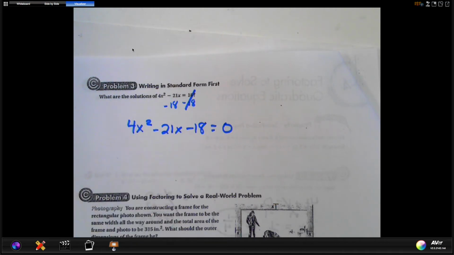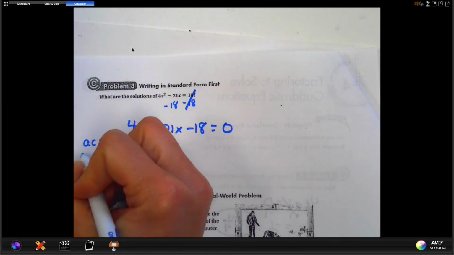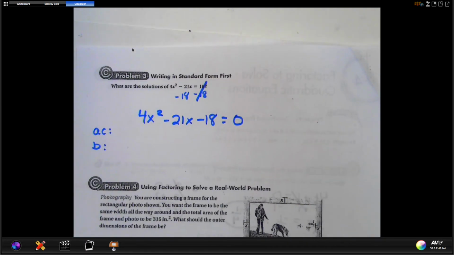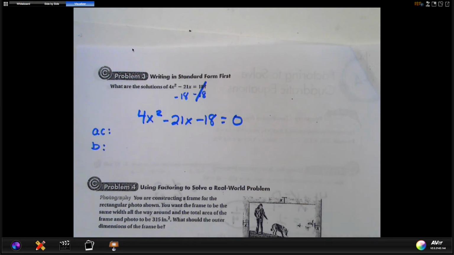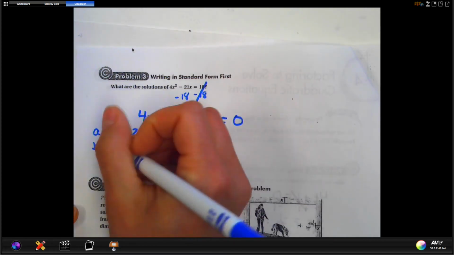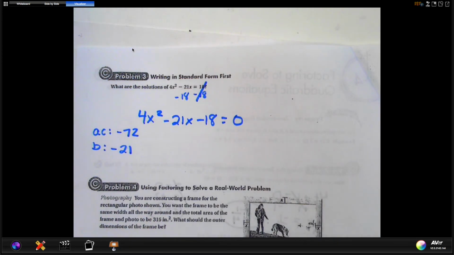So your only option is to do A, C, and B. 4 times negative 18, what is that? Negative 72. And B has to add to give negative 21. To multiply and get a negative, you need a positive and a negative.